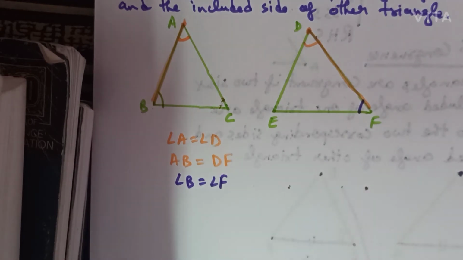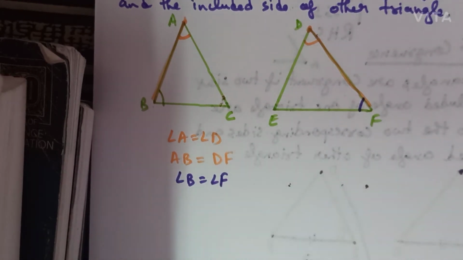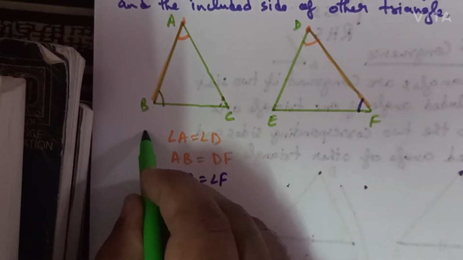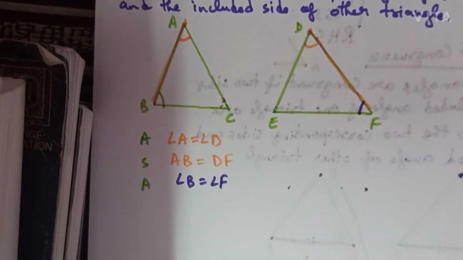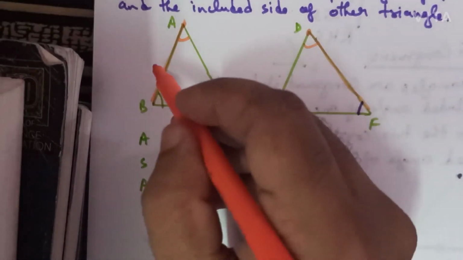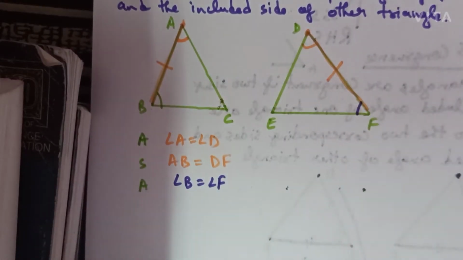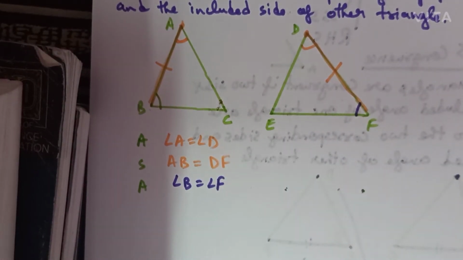So from here we can say that by angle side angle congruence, the two triangles will be congruent, and here the side which is equal is the included side between the two corresponding angles.